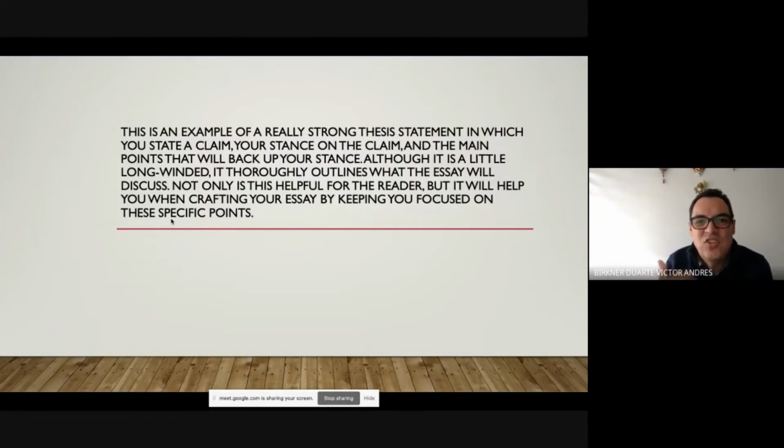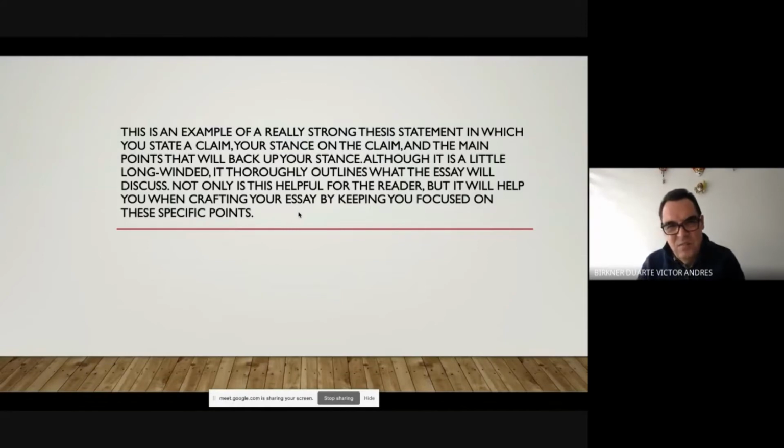This means your stance on the claim, the main points that will back up your stance, that is your evidence. Although it is a little long-winded, right? It thoroughly outlines what the essay will discuss, right? Not only is this helpful for the reader, but it will help also when you draft your essay, right? By keeping you focused on these specific points.